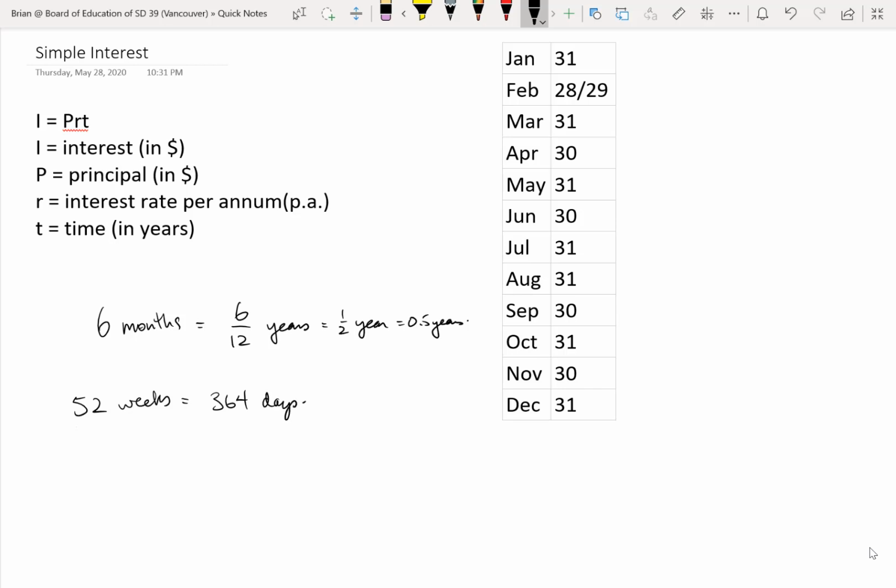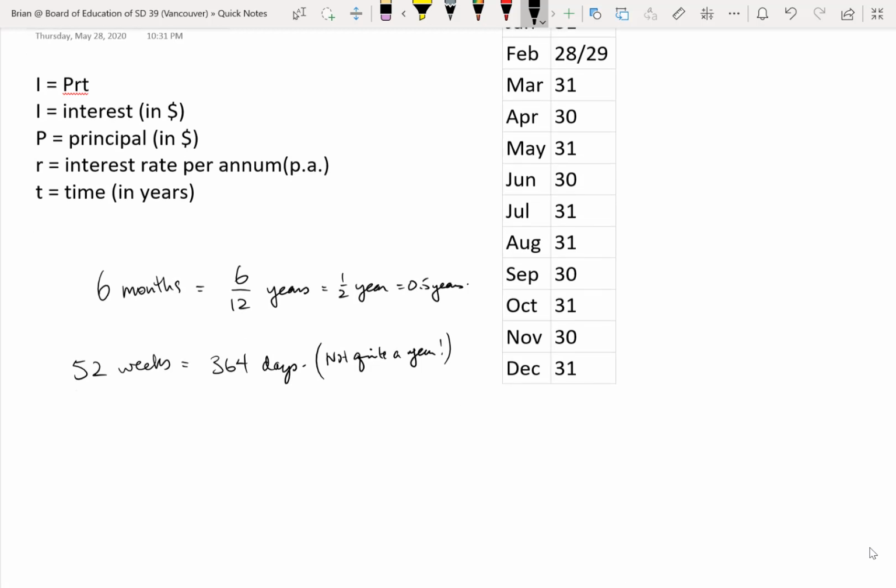So it's not quite a year. And for that reason, if you are going to convert from weeks into some fraction of years, the best idea is to convert it into days first. So days are not going to be problematic.